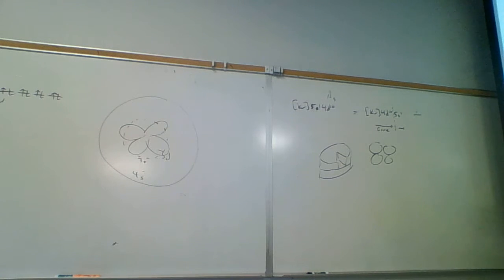Now, what about gallium? How many valence electrons does gallium have? Some people will say it has the argon, so it has the first shell, second shell, third shell filled, argon. And then the outermost shell is the fourth shell.